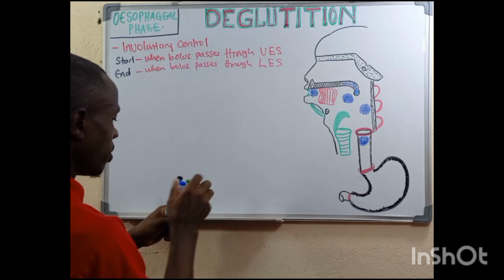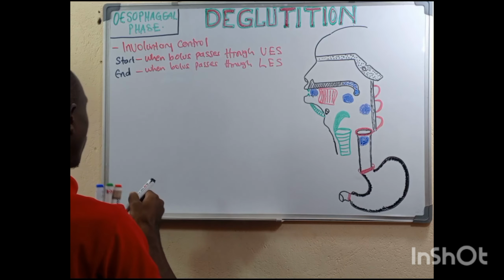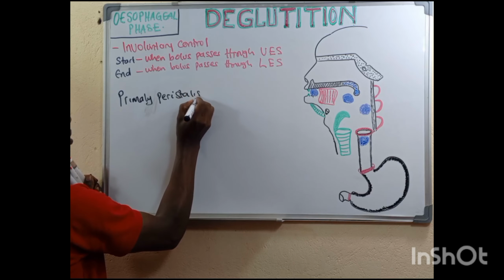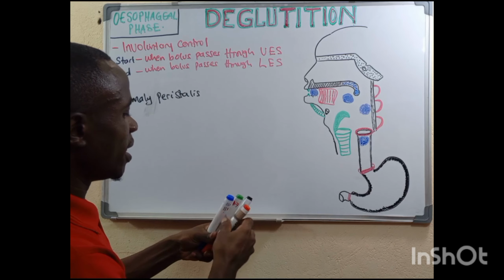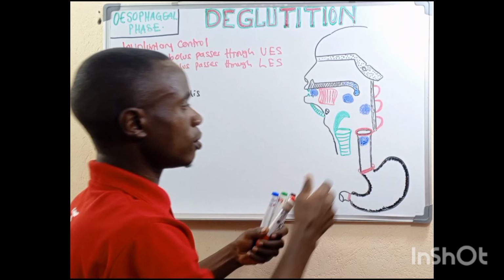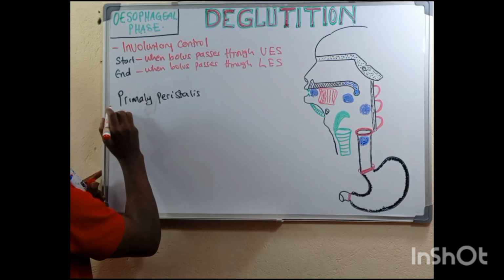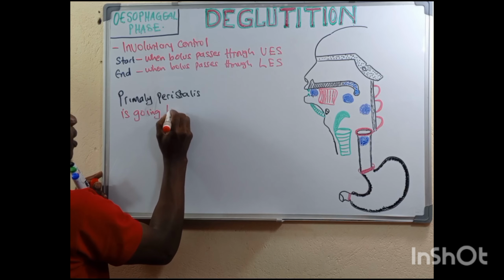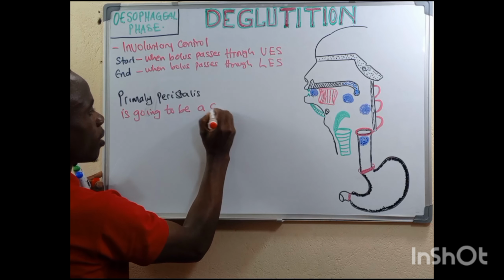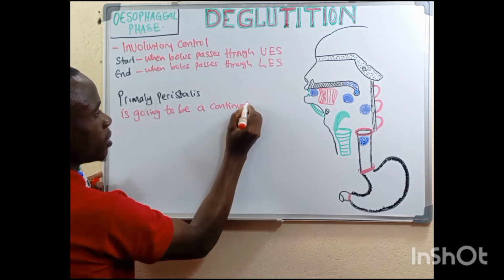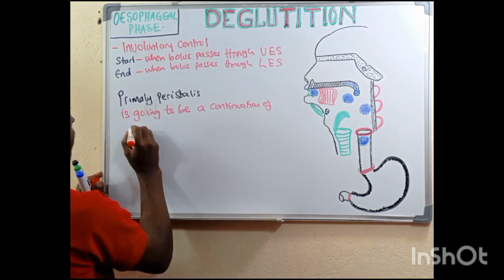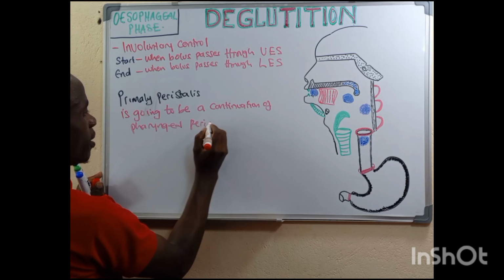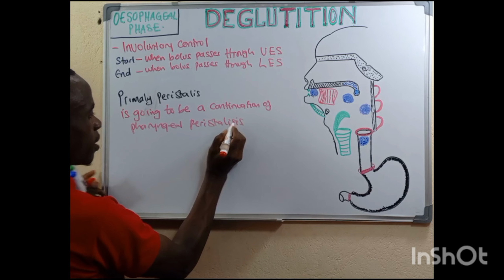So in the esophagus, we have primary peristalsis. The primary peristalsis is a continuation of the pharyngeal peristalsis.